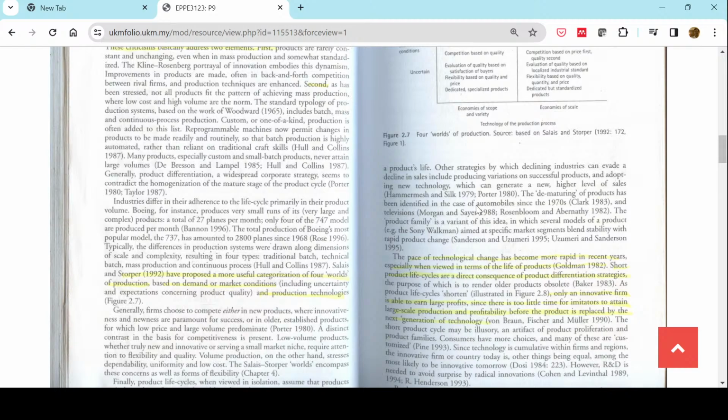So what the United States did was that in October 2022.